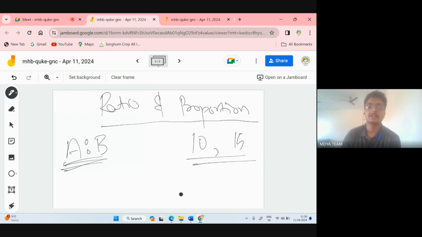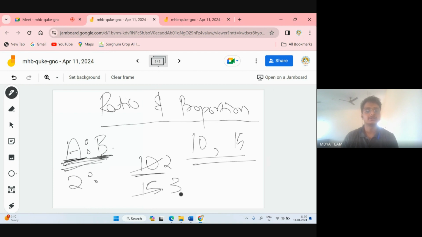First A is written here, just write 10. Then B is written after A. The value which is written afterwards, you write in the denominator, 15. Just simplify this: 5 into 2 is 10, 5 into 3 is 15, and write in this form only, 2 ratio 3.